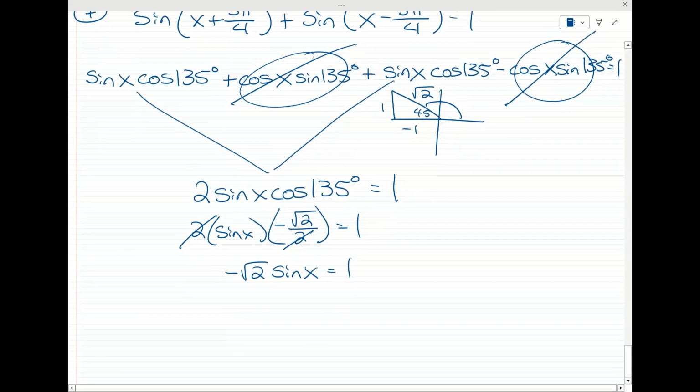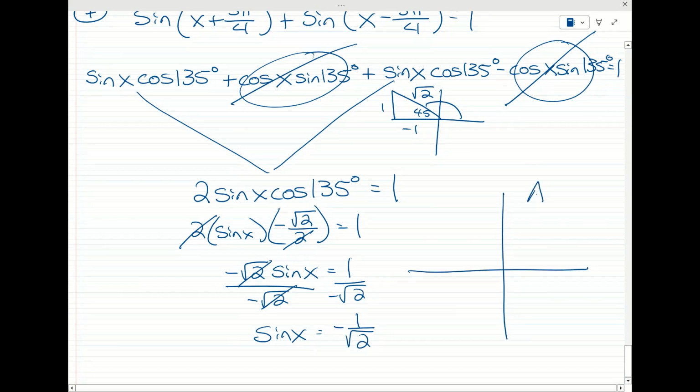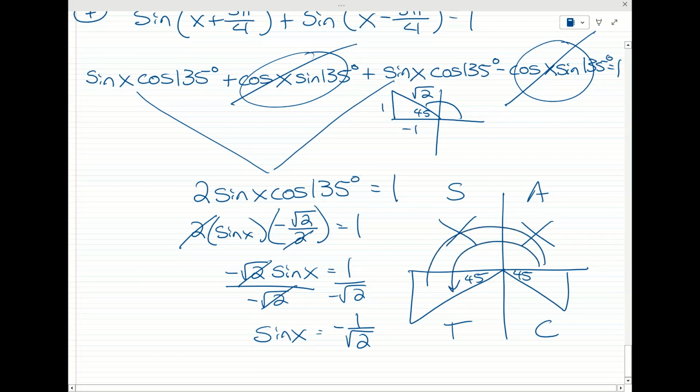And we could just divide by negative root 2. So I've seen this before. This comes from a reference angle of 45 degrees. If all students take calculus, I'm going to draw 45 degrees right here to get a negative sign and 45 degrees right here. These two angles would be our answer.